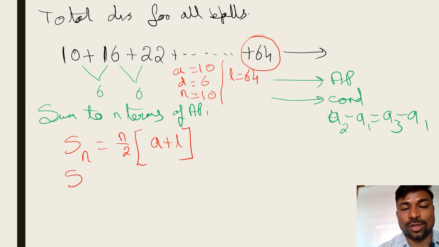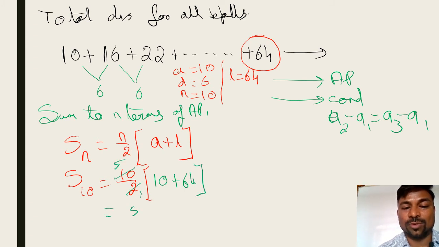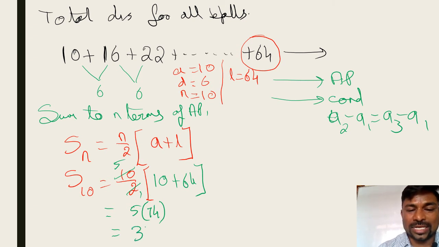Now totally how many balls are there? 10 balls are there. 10 by 2, the first value is 10 plus the last value is 64. Now if you simplify, 2 ones, 2 fives, 5 into 74. So can you guess the value of 5 into 74? I think it's nothing but 370 meters.